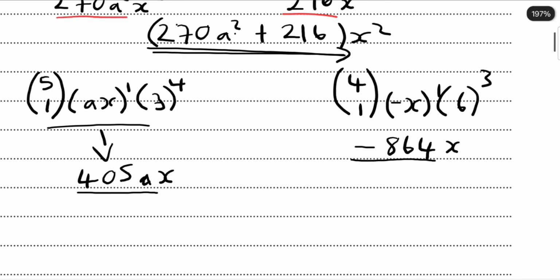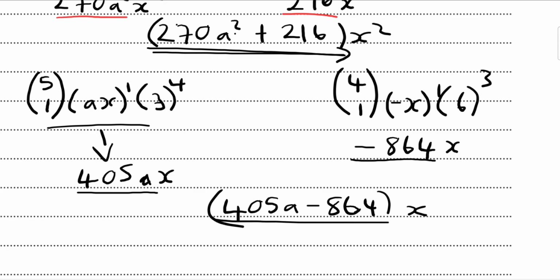And the overall coefficient, it's like we're factoring out x, so it will be 405a minus 864. And this will be the coefficient of x.